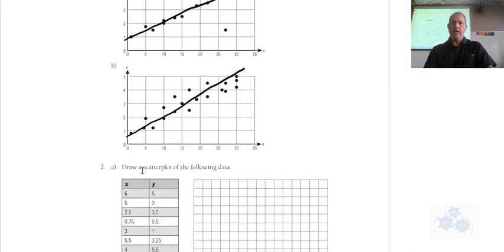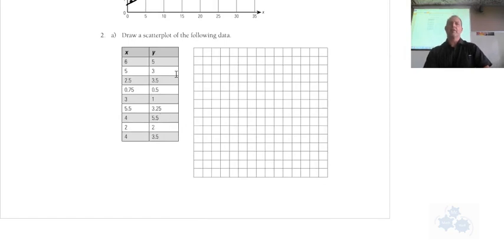Okay, so we won't go over two together, but you're asked to draw this scatter plot, so you'll get to do that later. Now notice that the numbers are all jumbled up. You see that? So you're going to have to either arrange them in increasing value for x, or you just make sure that you have the right scale that you can fit all of these values on here.